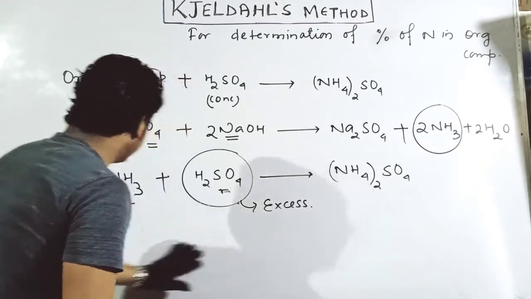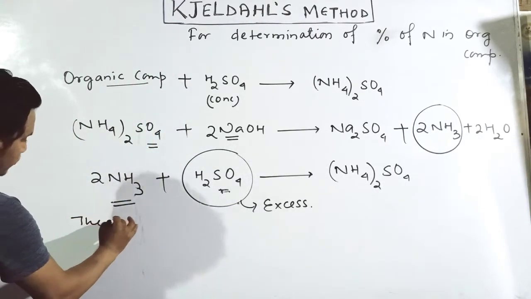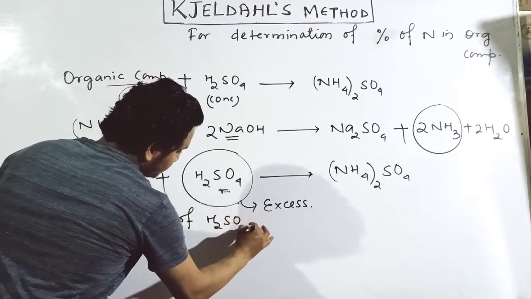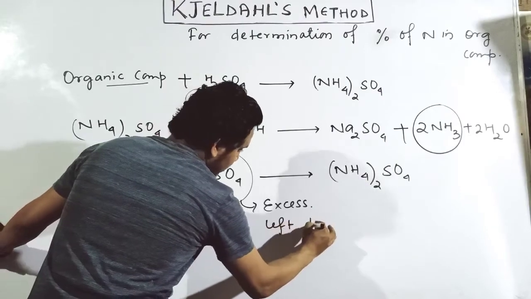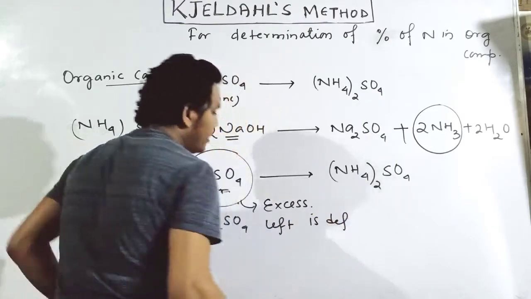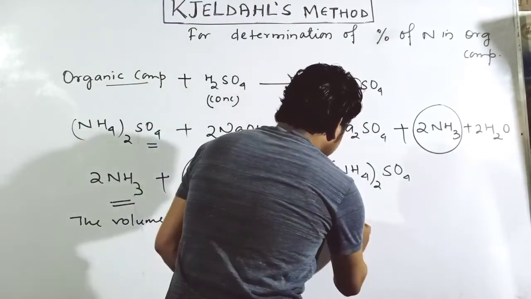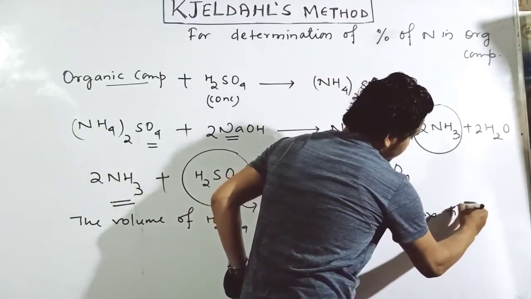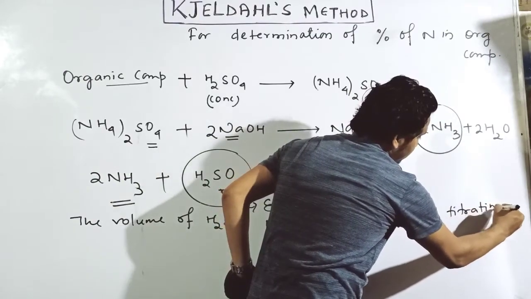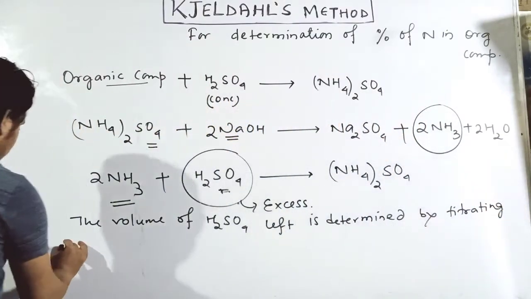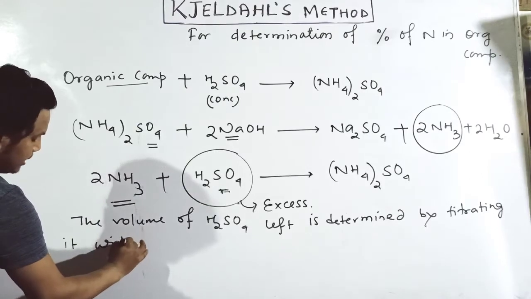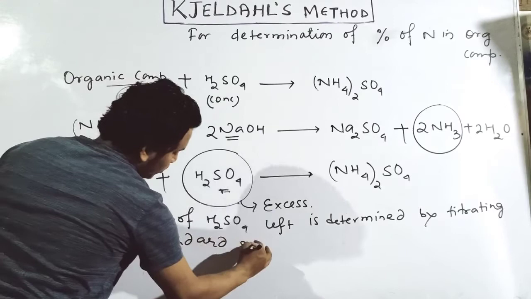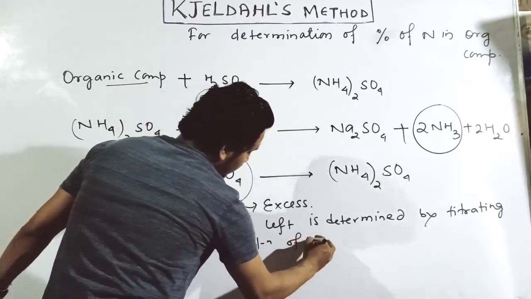So what is the volume of sulfuric acid left, we have to determine. This is determined by titrating it with a standard solution of NaOH.